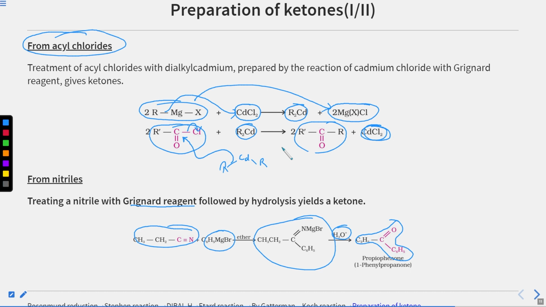Clear? Also we saw the Stephen reaction, which had a very complex mechanism. It basically had RCN, a nitrile, that was donated electrons by SnCl2 twice, which results in the formation of a negative species that is further protonated by H plus, and upon further donation of electrons it formed RCH=NH, the imine.